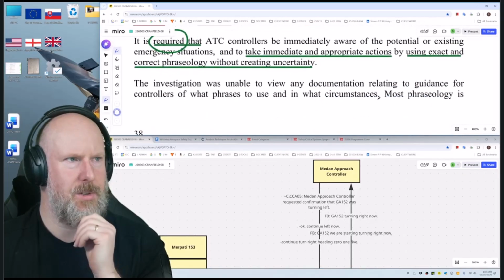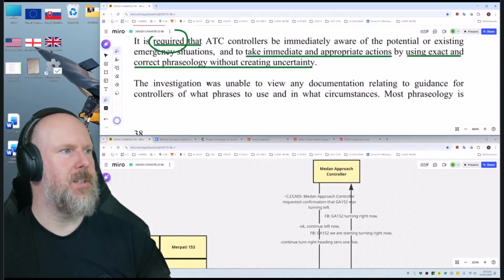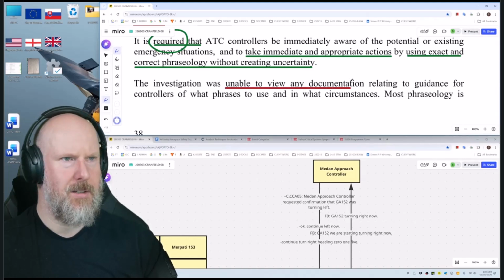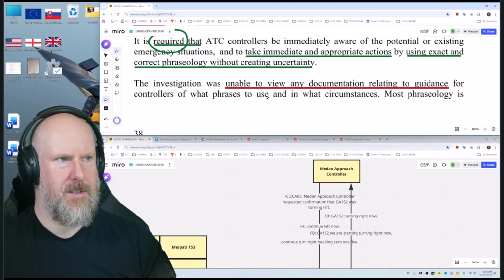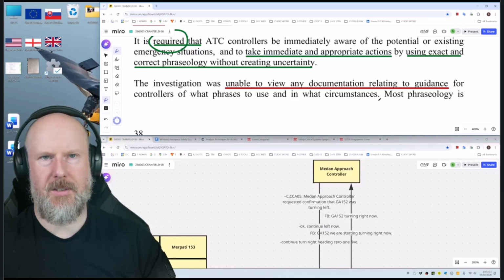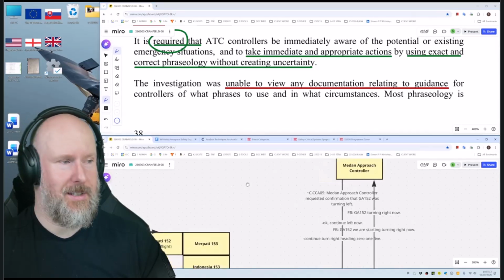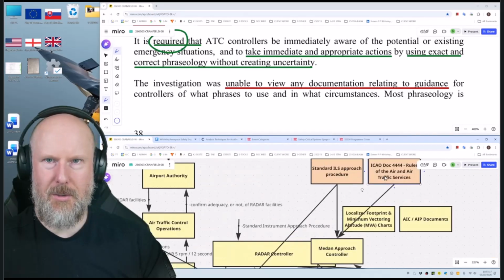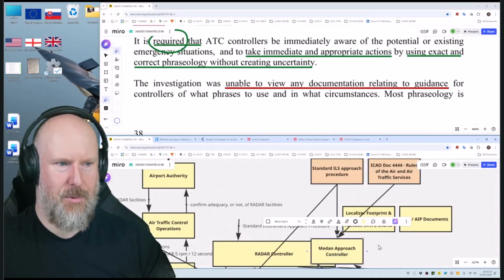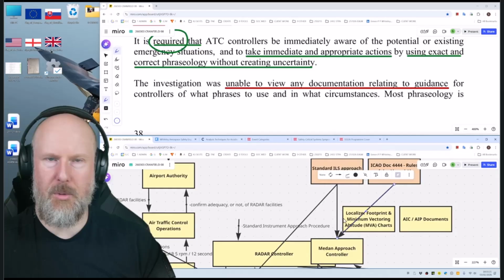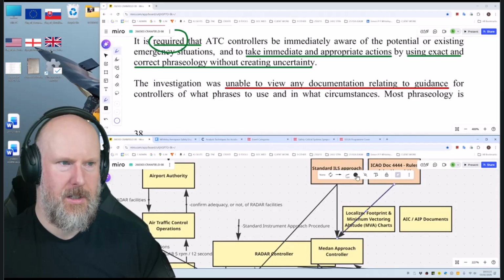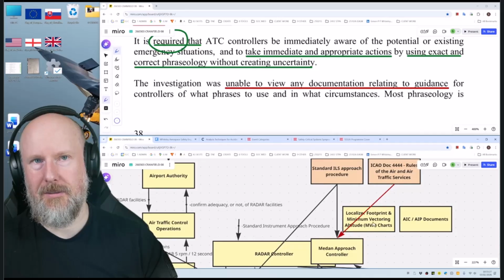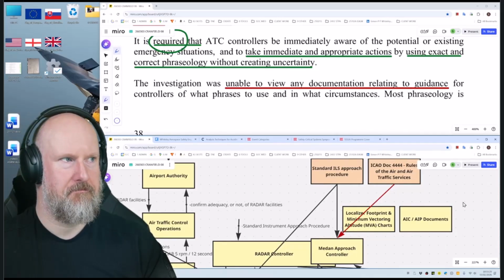The investigation was unable to view... Oh, interesting. Unable to view any documentation relating to guidance for controllers of what phrases to use and in what circumstances. Interesting. So between Doc 4444 and the approach controller, they weren't able to establish what was going on with that particular control path, for want of a better description.